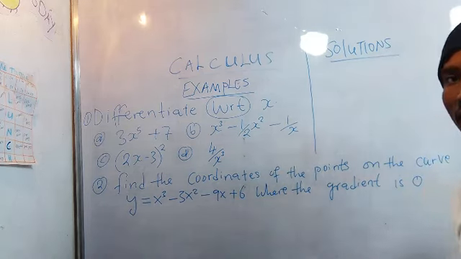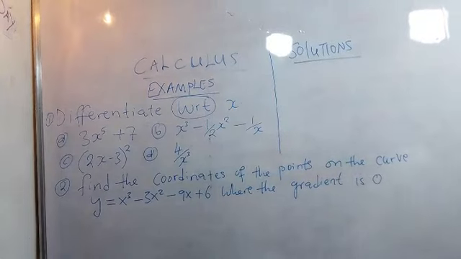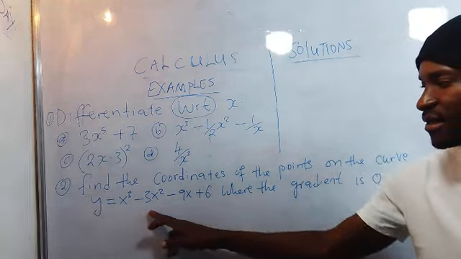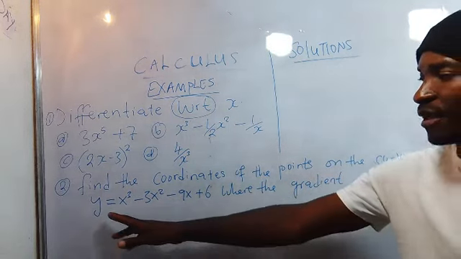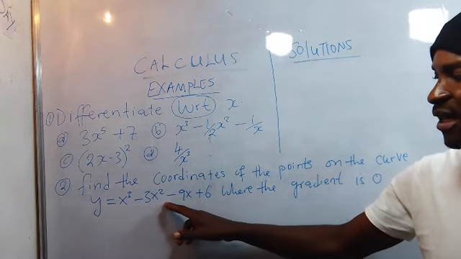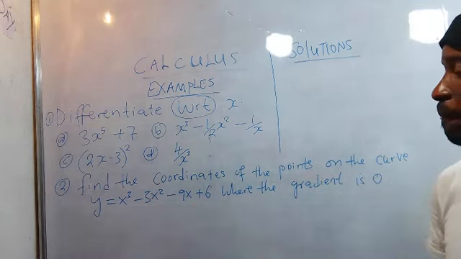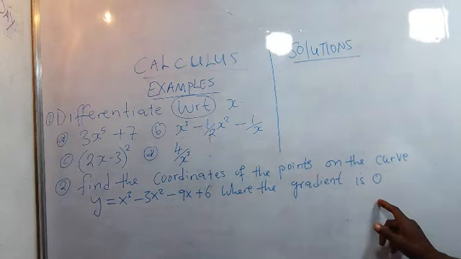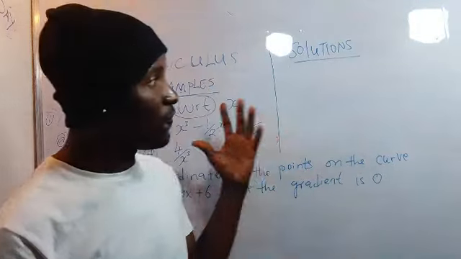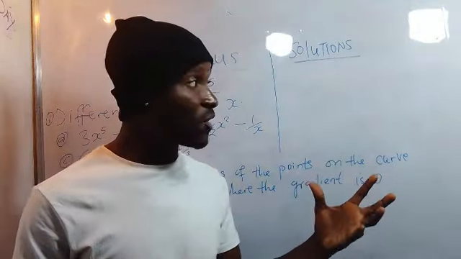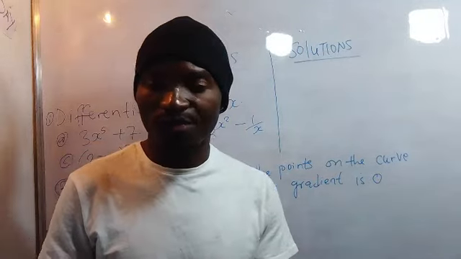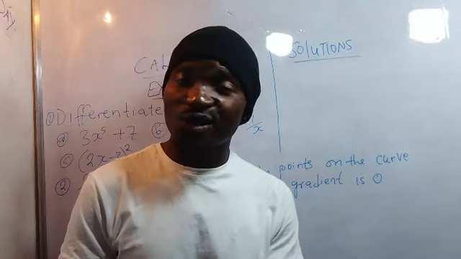The second question says find the coordinates of the points on the curve, and this is the actual curve, a function in the form of an equation: y equals x to the power 3 minus 3x squared minus 9x plus 6, where the gradient is 0. We are going to start with the first question, and from there I'll be able to answer even the second question. Let us solve together.